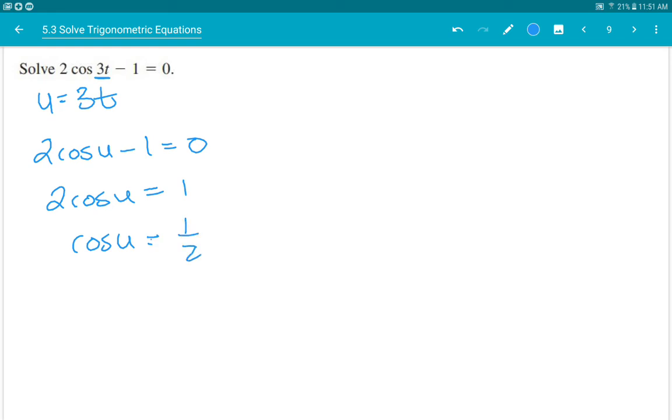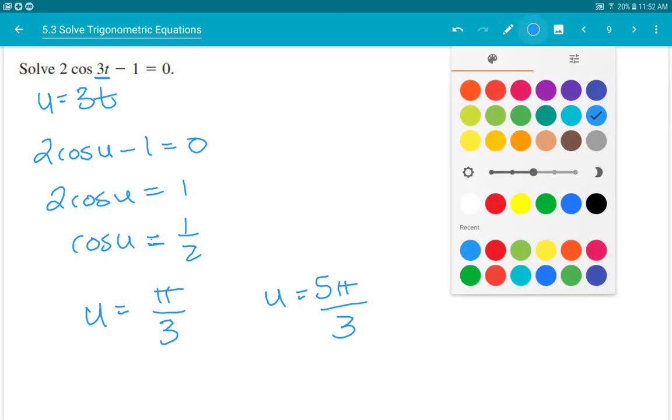Now notice that this is very simple. Where is cosine equal to 1/2? That value is at pi over 3. And what's the other location? The other location is 5 pi over 3. Now remember, we're not solving for u, we're actually solving for t.